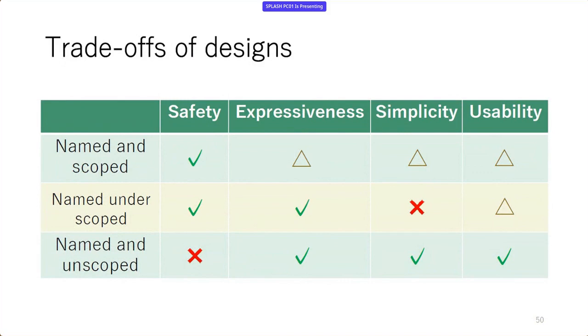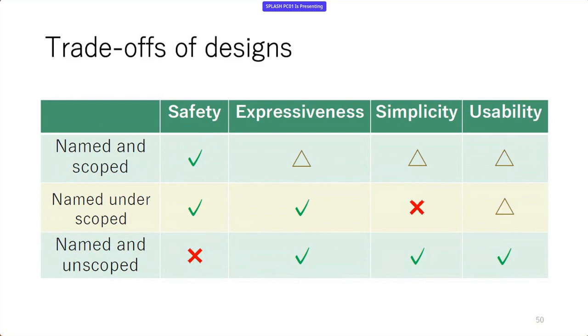Each combination has its own pros and cons. The first combination of named handlers and scoped effects is relatively simple, but it cannot express dynamic generation of handlers. The second combination can fully express our heap example, but it is theoretically more complicated.